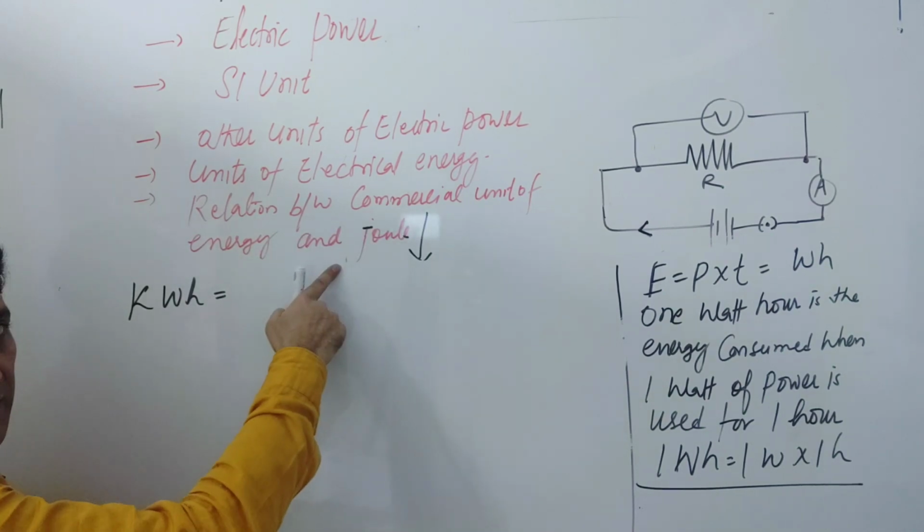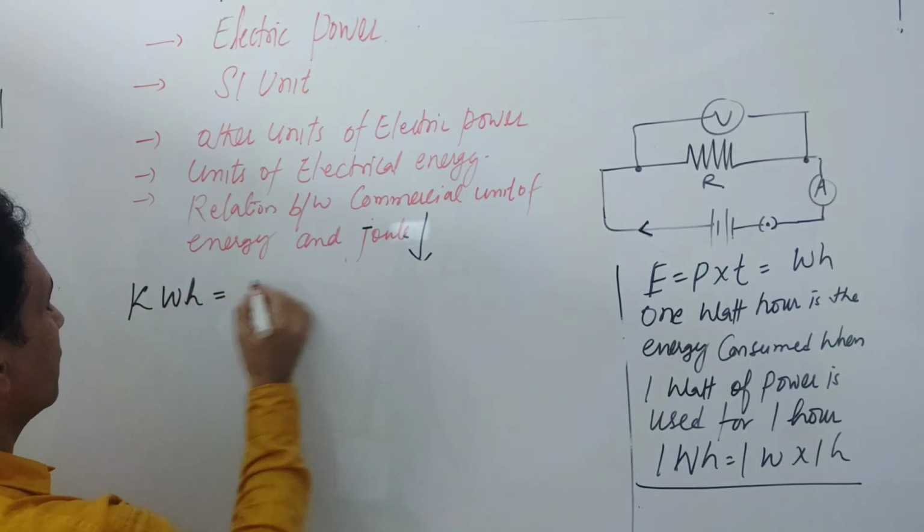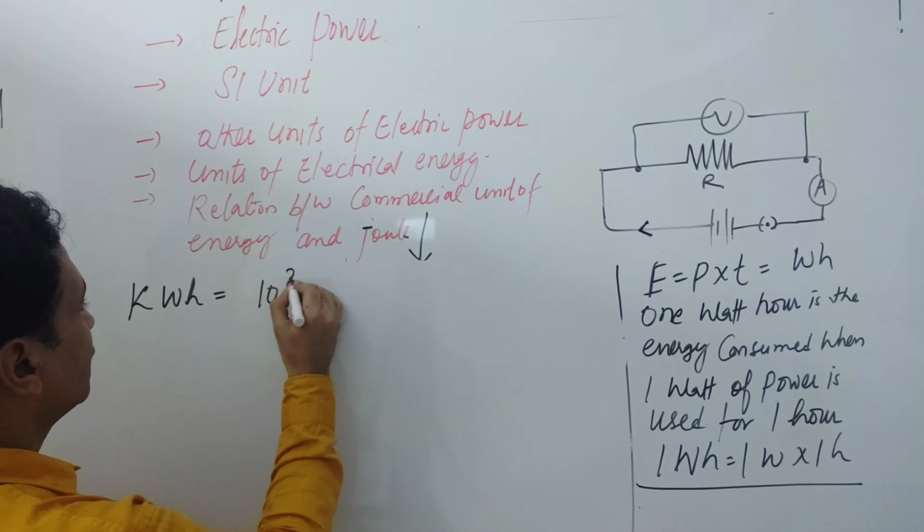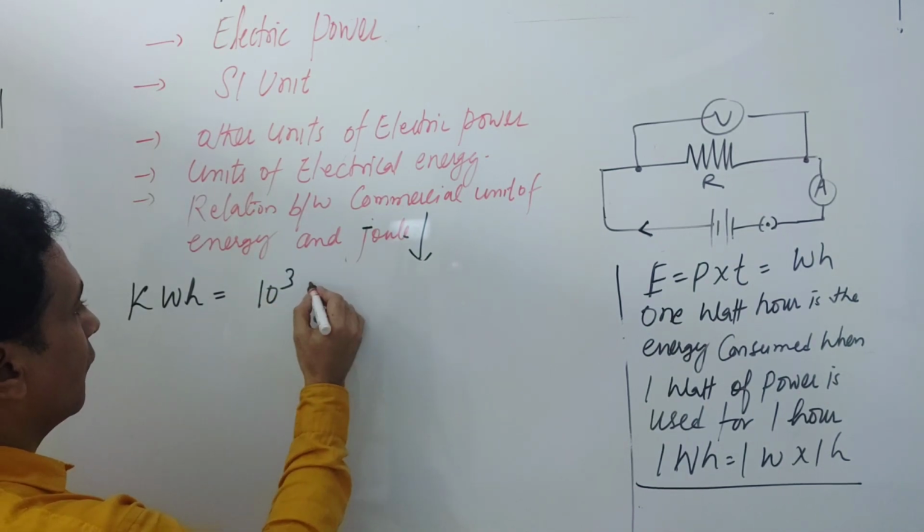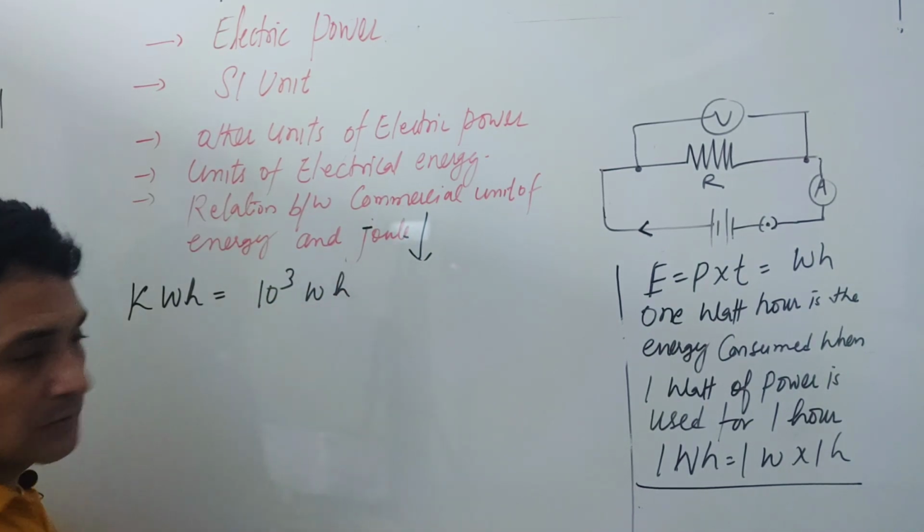We will find out the relation between the unit of electrical energy and the joule. Kilo means 10 power 3 watt hour.